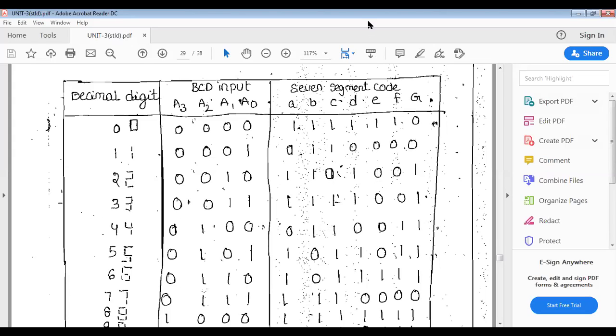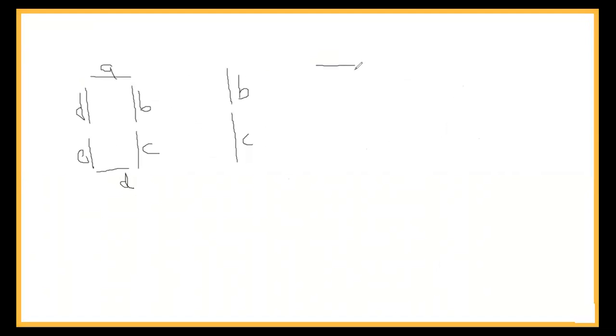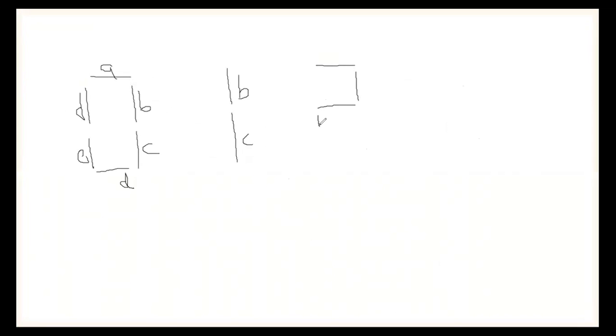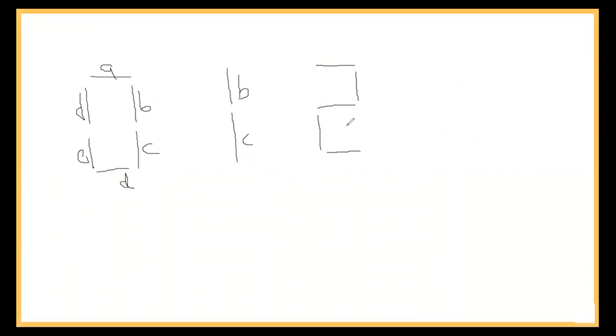Let us see. I will show that. Now A is on, B is on, G is on, E is on, and D is on. Only C and F are off. A is on, B is on, C is off, D is on, E is on, F is off, and G is on to get the 2.